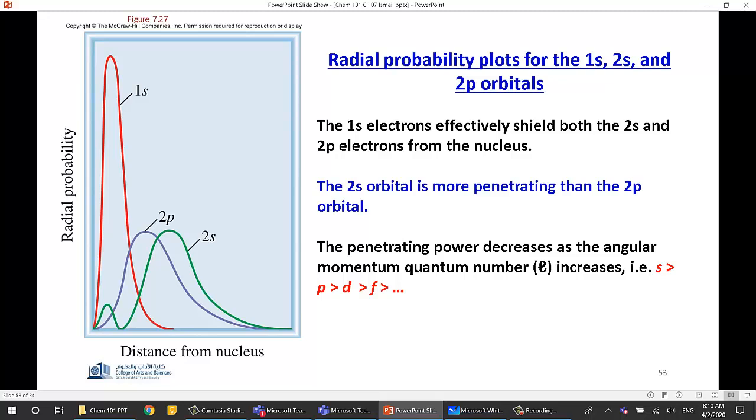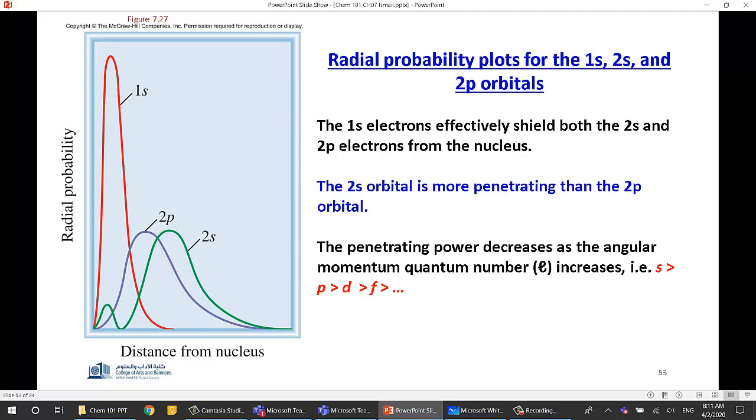While for the 2p, which is the blue line, it's again the same thing. It's 0 at the nucleus. But when we walk away from the nucleus a little bit, the probability increases and then decreases. But let's think about an electron that wants to come and sit next to the nucleus, like in hydrogen.